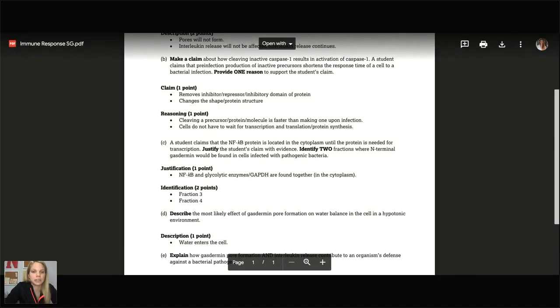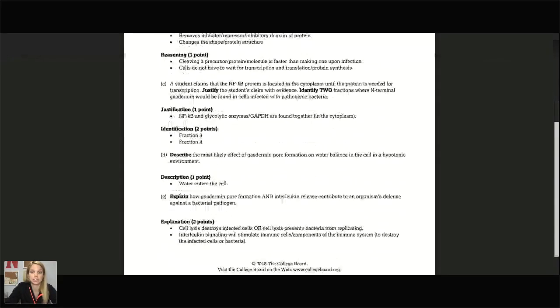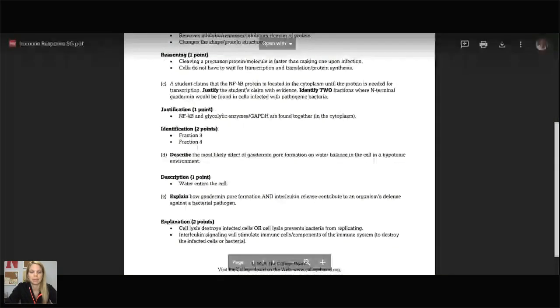Part C, a student claims that NF-kB protein is located in the cytoplasm until the protein is needed for transcription. Justify the student's claim with evidence. Identify 2 fractions where N-terminal gasdermin would be found in cells infected with pathogenic bacteria. So the justification: NF-kB and glycolytic enzymes are found together in the cytoplasm. So if you look back in a moment, let's assume you're watching this later when we can see both.